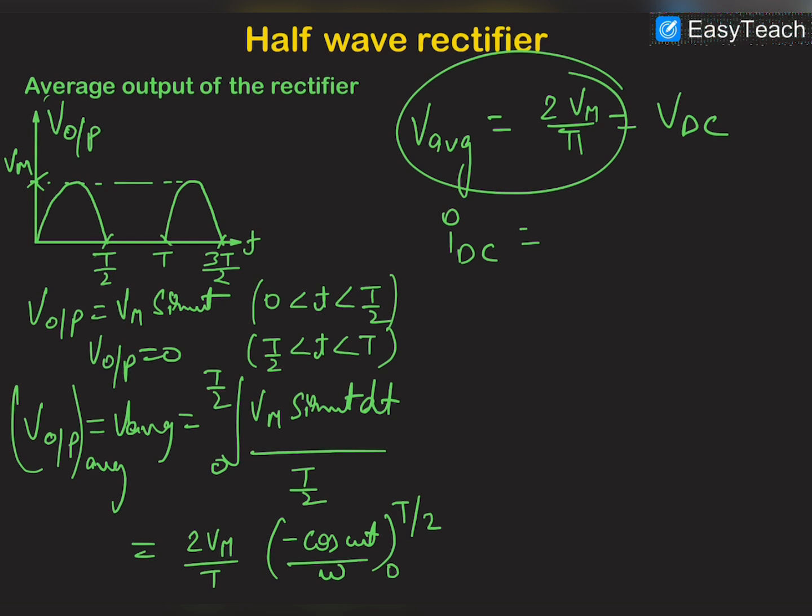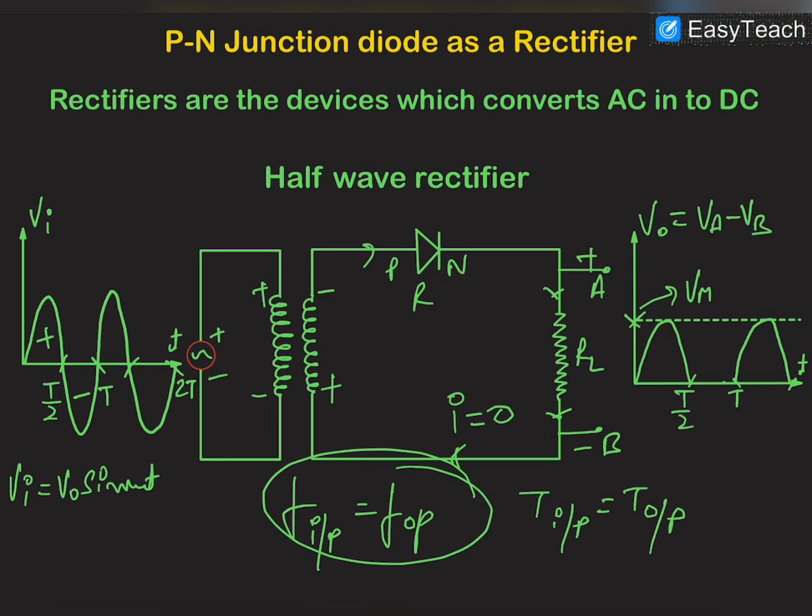You should always remember that IDC is the current flowing in the output circuit, and in forward biasing, the voltage developed across this secondary coil is exactly equal to Vi in magnitude.